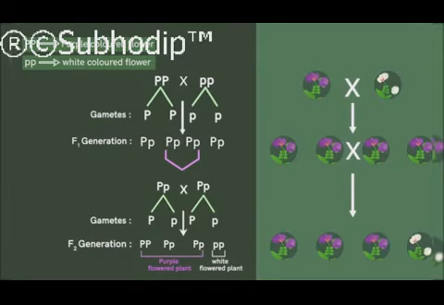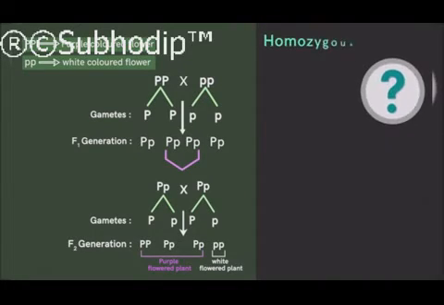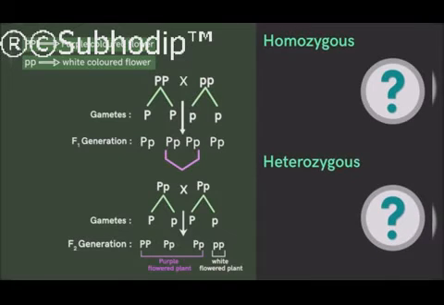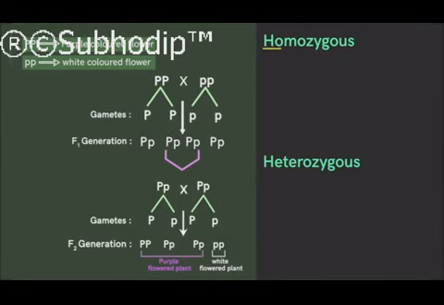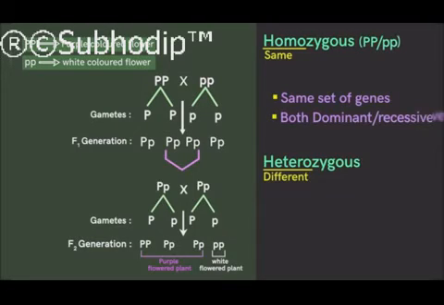Any idea what we mean by homozygous and heterozygous? We know that the term homo means same and hetero means different. So homozygous means the set of genes are same, both either dominant or both recessive. For example, PP and pp are both homozygous forms.